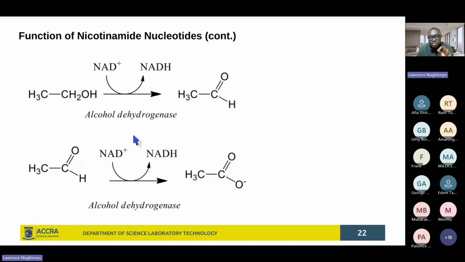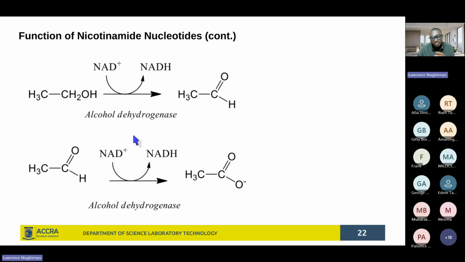So for instance, methanol contains just one carbon. Then you come to ethanol, which has 2 carbons. Then propanol has 3 carbons. Go to butanol, pentanol. So that's what I mean by a homologous series of alcohols. And as the number of carbons increase, the toxicity of the alcohol should increase.